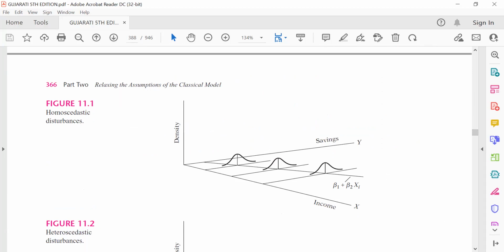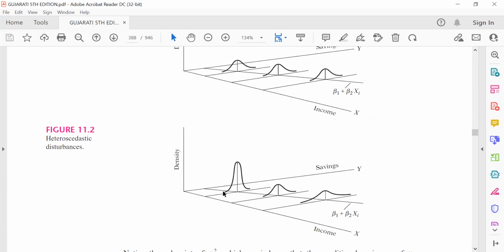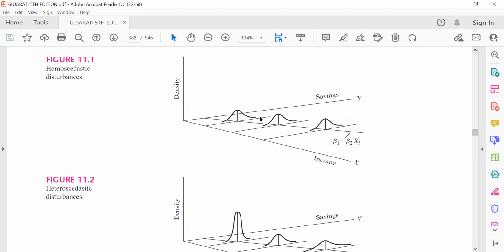Different from the other one, where the variance is smaller in the first sample and bigger until the last observation. This means graph 11.2 represents heteroskedasticity, and the upper one, 11.1, is homoskedasticity.